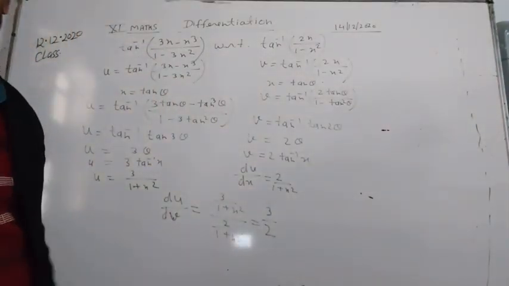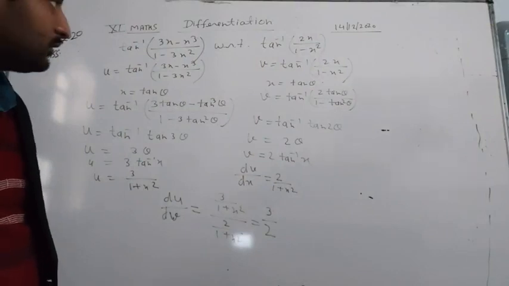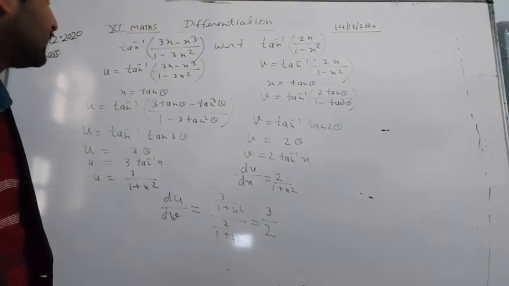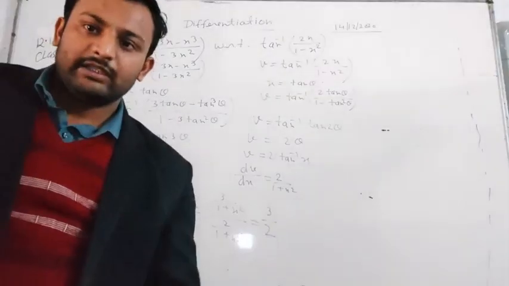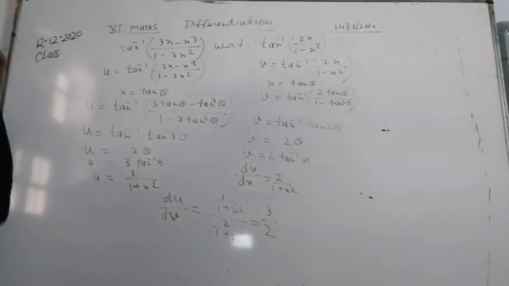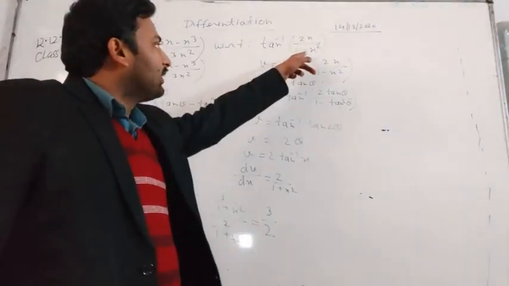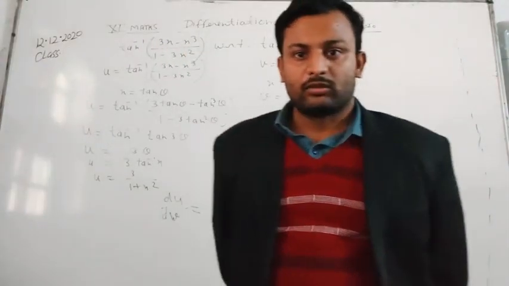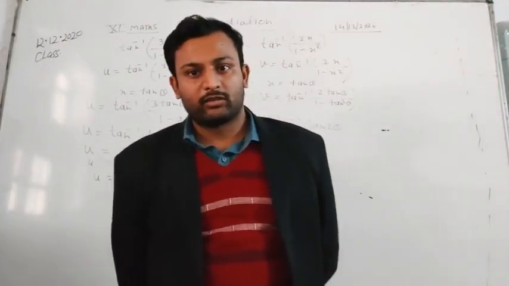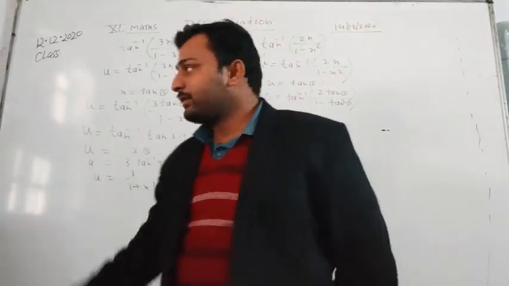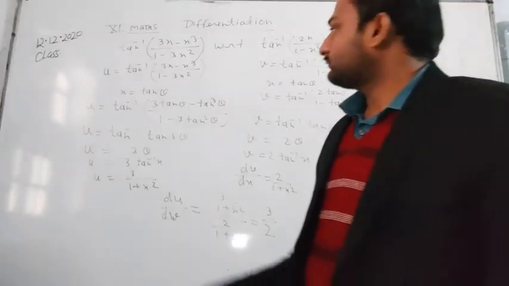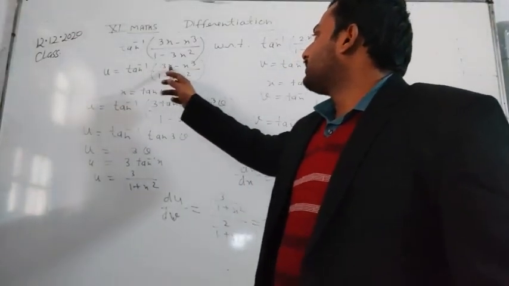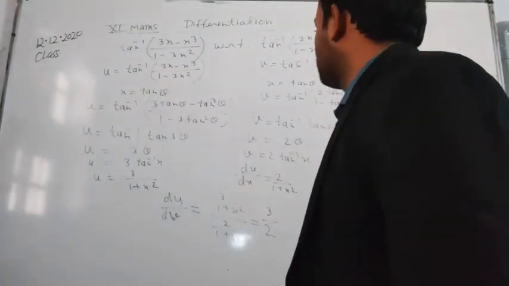So student, I hope you understand what we have done. We are given the question tan inverse 3x minus x cube by 1 minus 3x square. Differentiate this function with respect to tan inverse 2x upon 1 minus x square. So for differentiating this with respect to that term, we take the first term as u and the second term as v. Okay student, so u is tan inverse 3x minus x cube by 1 minus 3x square.